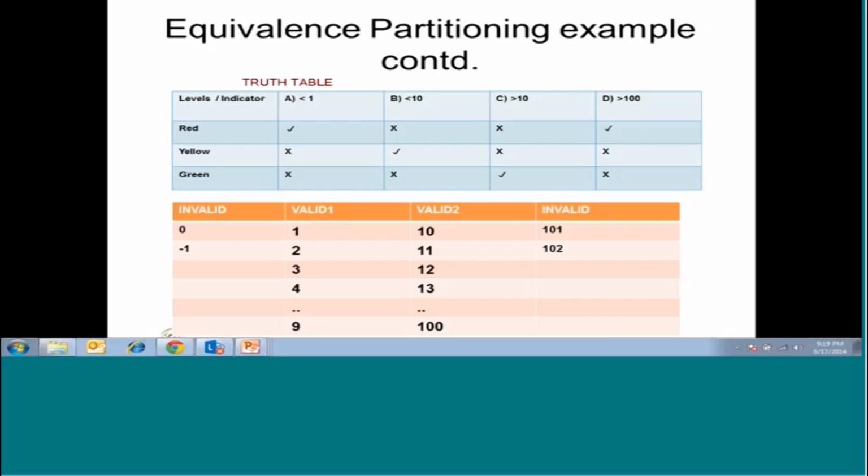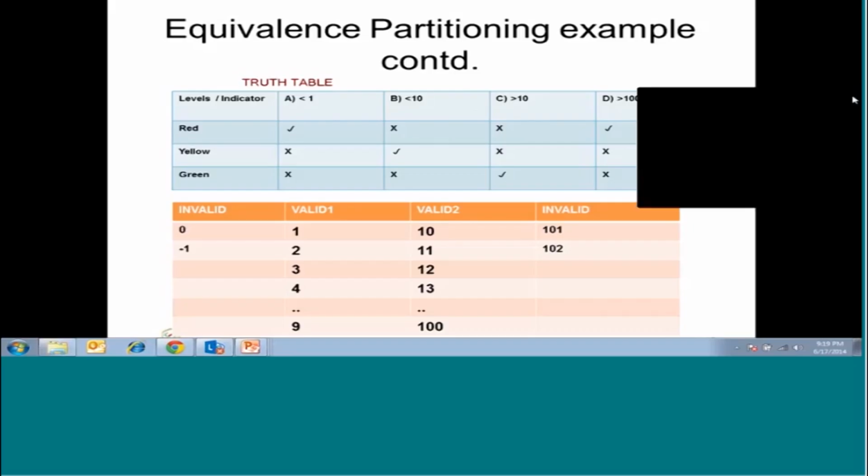So what we see here, a truth table identifying on the left hand side, you can see red, yellow, green as the indicator, and right hand side you see different sorts of classes.